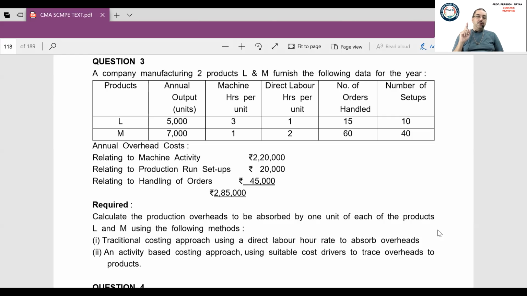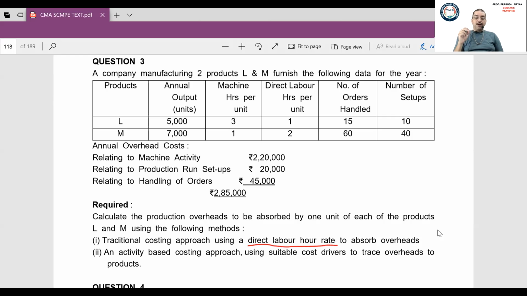First method, traditional costing approach using direct labor hour. That means the basis of classification is direct labor hour rate. I told you under traditional costing, it may be number of units manufactured and sold, or machine hours, or labor hours, right?